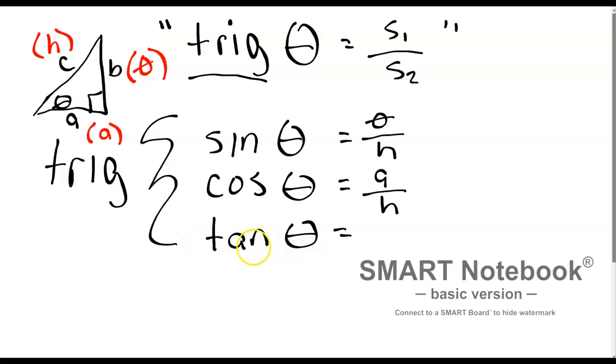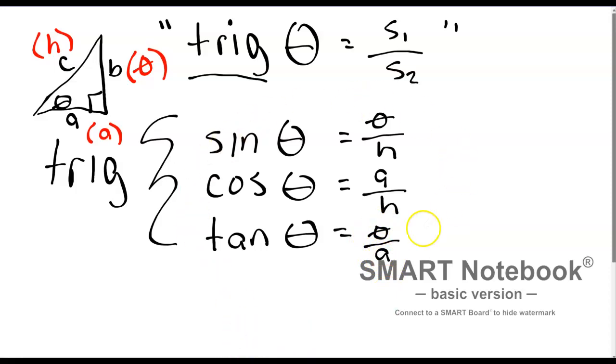And when it comes to tangent, this is a lesson. If you don't know, there's a reason. It's new to you. But here's very important stuff for your notes. Every time they ask for tangent of a theta, you go to the theta, and it's going to require you to give them opposite over adjacent.